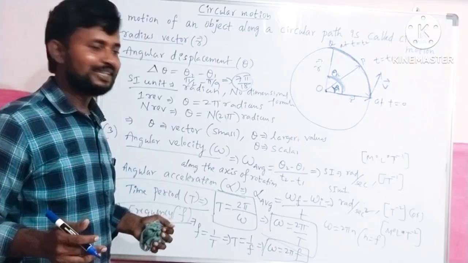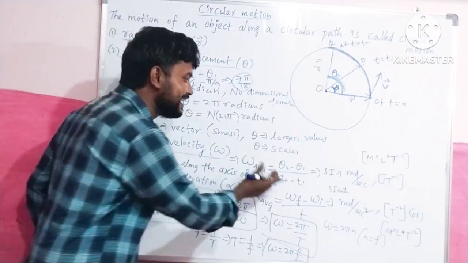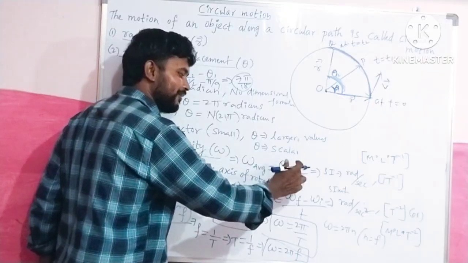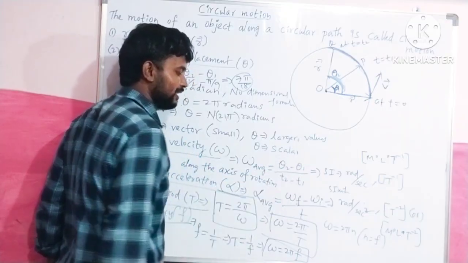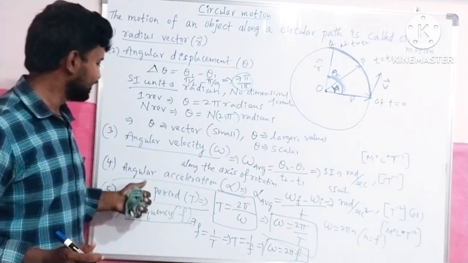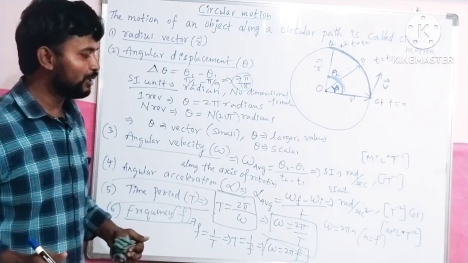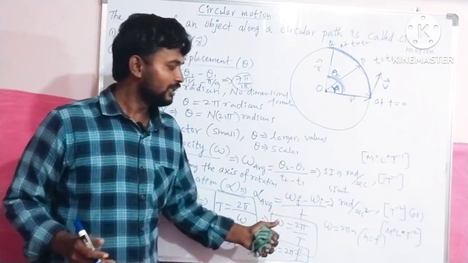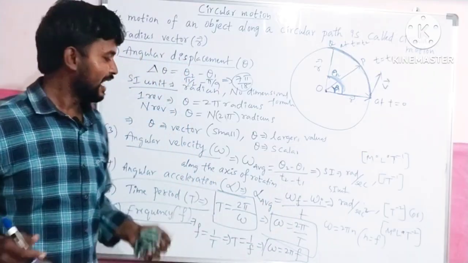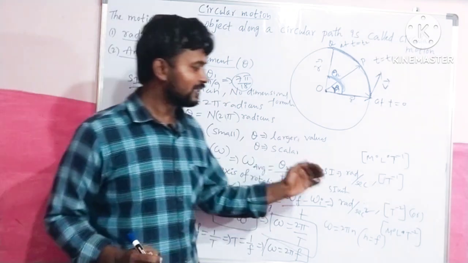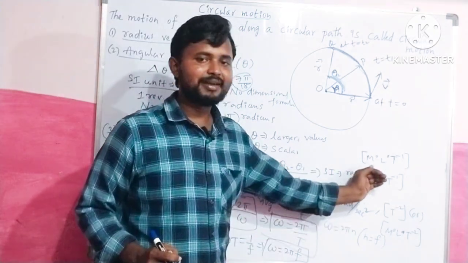Angular velocity omega equal to change in angular position by time. Okay, that is θ2 minus θ1 by T2 minus T1, the average angular velocity. Next, angular acceleration is nothing but the change in angular velocity by time, which gives the angular acceleration alpha. The SI unit is radian per second square, dimensional formula T to the power minus 2.